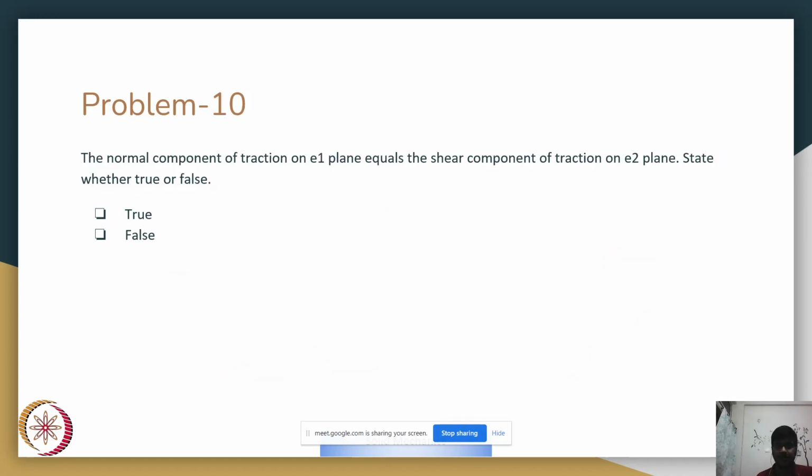And yeah, so the final problem is a true or false. The normal component of traction on E1 plane equals the shear component of traction on E2 plane.